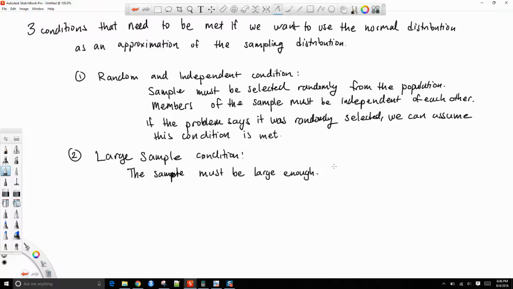Okay, and what that means is that you must observe at least 10 successes and at least 10 failures.